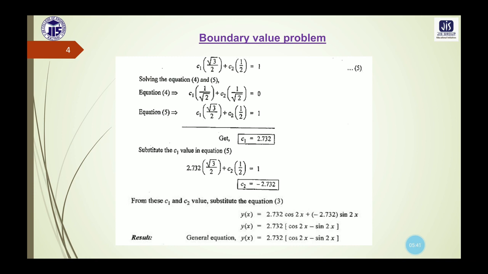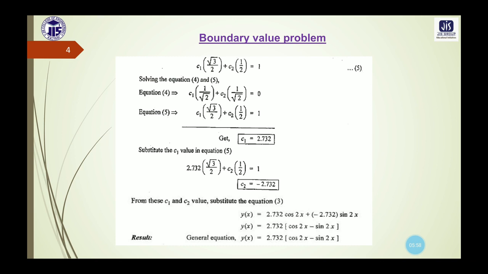Now from these two equations, equation number 4 and 5, we can easily calculate the values of c1 and c2. From these two equations, we get the value of c1 equals 2.732.